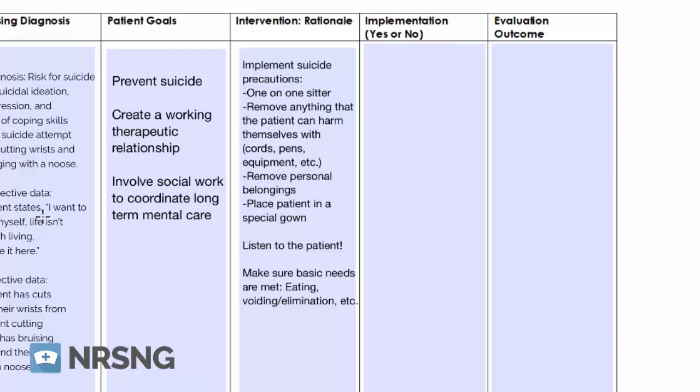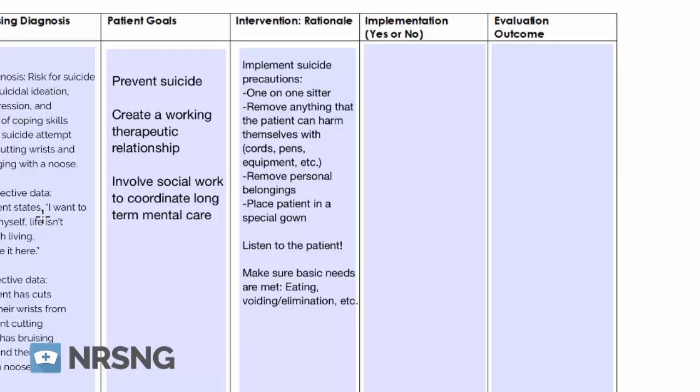So all of the cords that we have to our monitors, our call light cord even, pens, equipment, anything that the patient could use to harm themselves or to harm others, you want that all removed. And you remove personal belongings. This is something that is non-negotiable in every establishment that I've ever worked in.